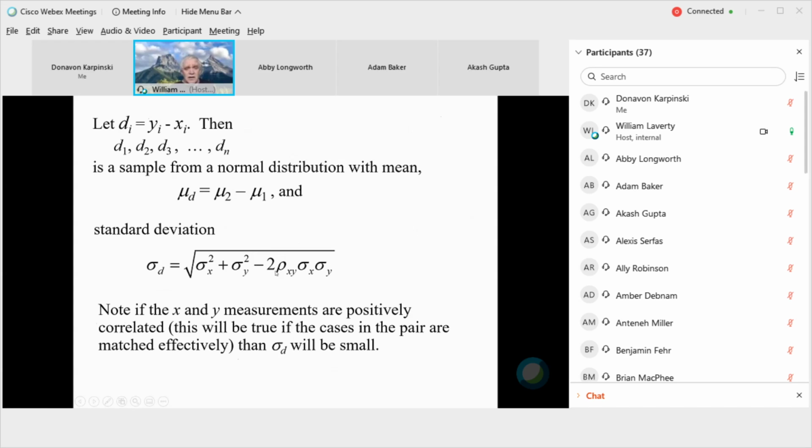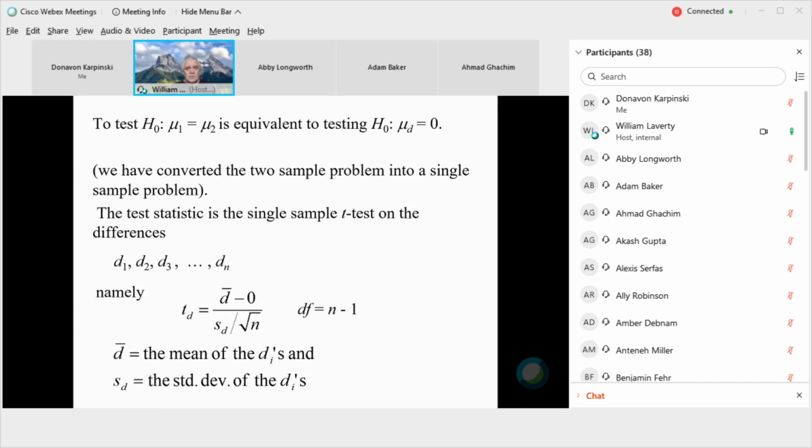Now, the higher the correlation, the smaller sigma d will be, because that thing that we subtract will be larger in value. So this will occur. The high correlation between x and y will occur if we've matched the subjects up effectively.